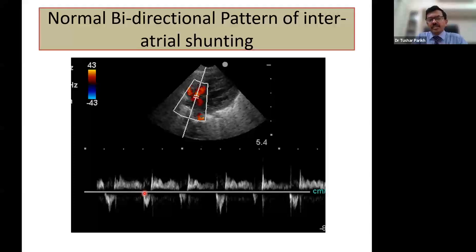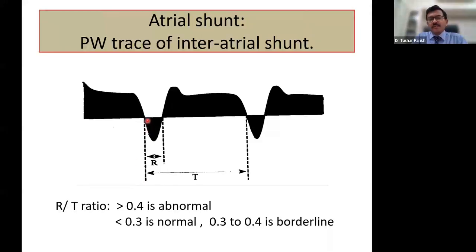So initially there is a negative deflection here, and then the remaining is a positive deflection of left to right shunting across the interatrial shunt. If the right to left deflection is less than 0.3 of the entire cardiac cycle, that is normal. If it is more than 40%, then it is suggestive of pulmonary hypertension.